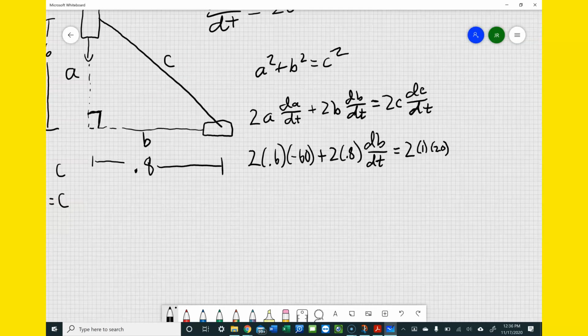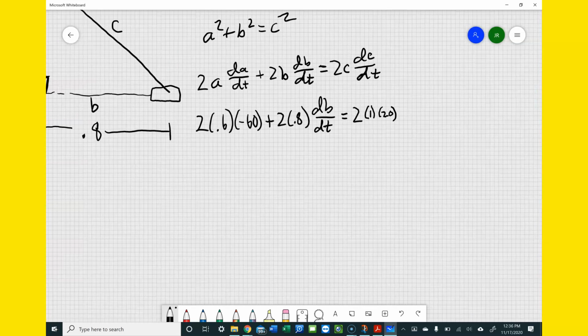All right. Now, let's just do some arithmetic. 2 times negative 60 times 0.6. That's negative 72 plus 2 times 0.8, 1.6 dB dt. Equals 40.